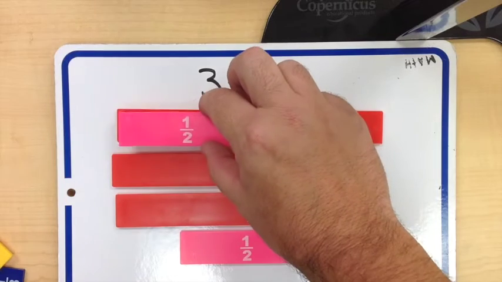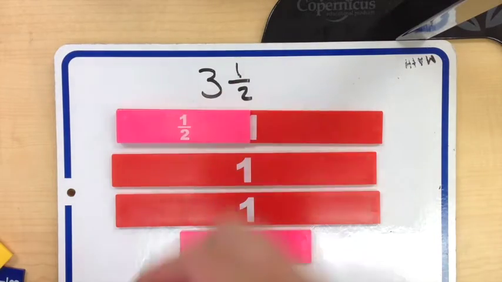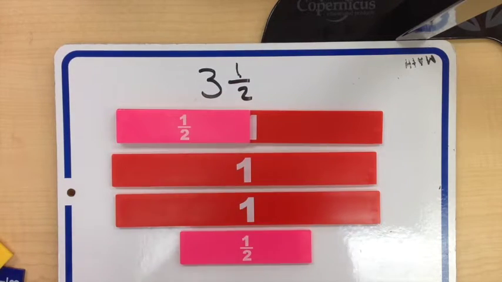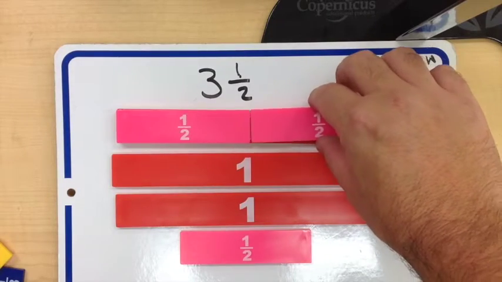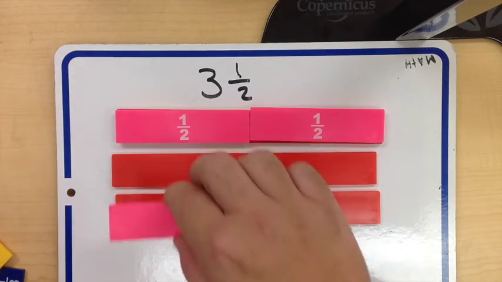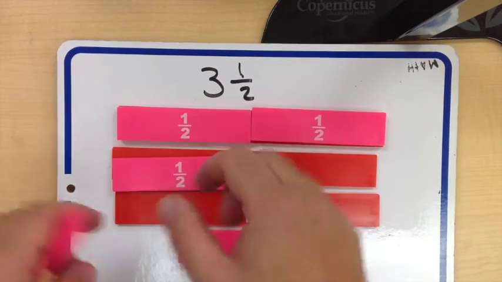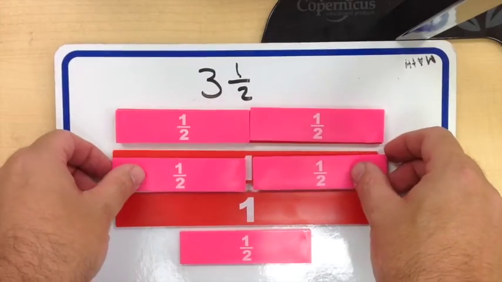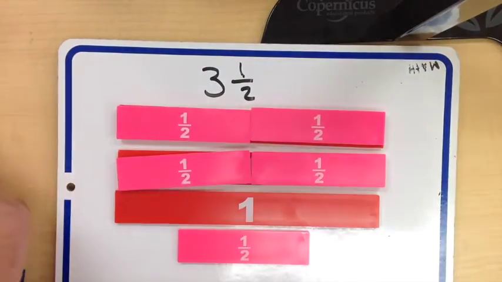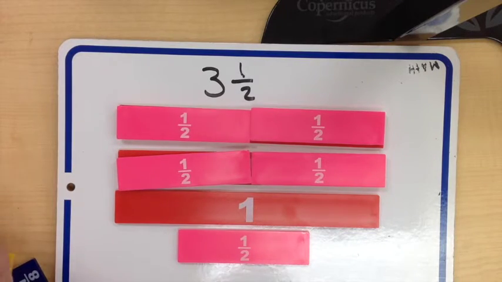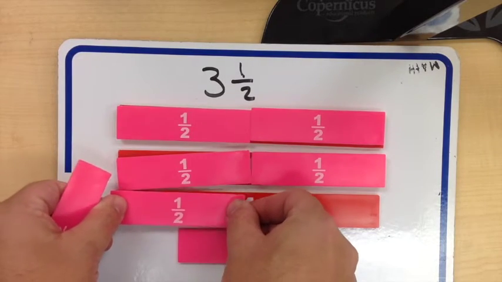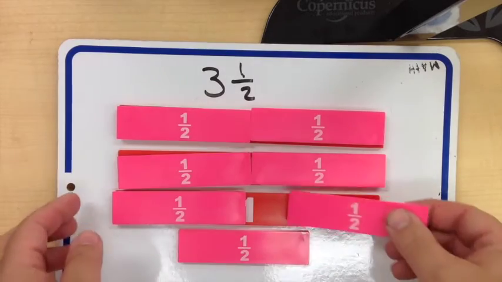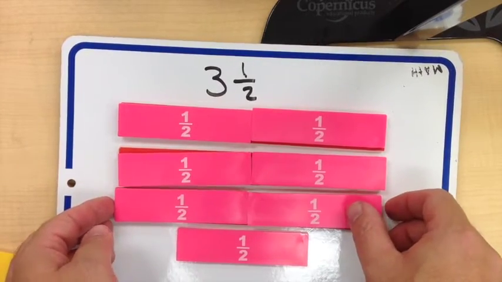Now what I'm going to do is take half blocks and put them on top of my wholes. So there's 2 halves. There's 4 halves. There's 6 halves.